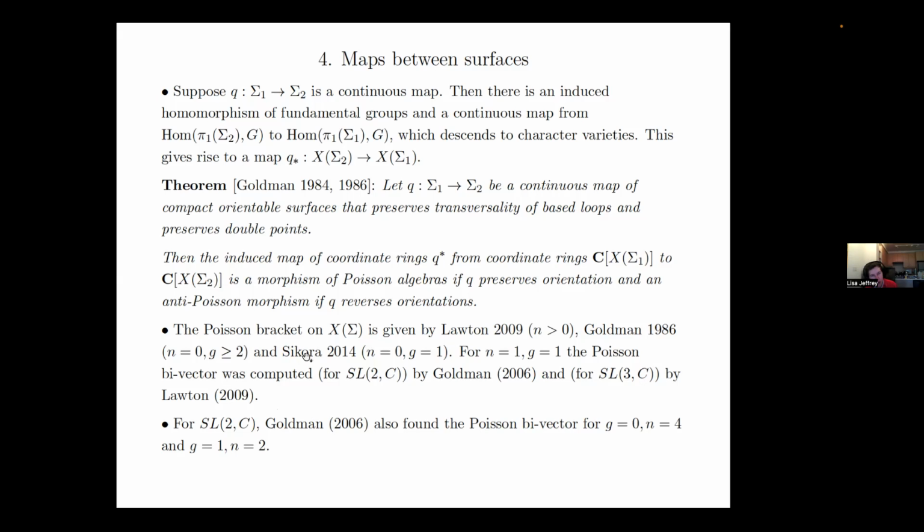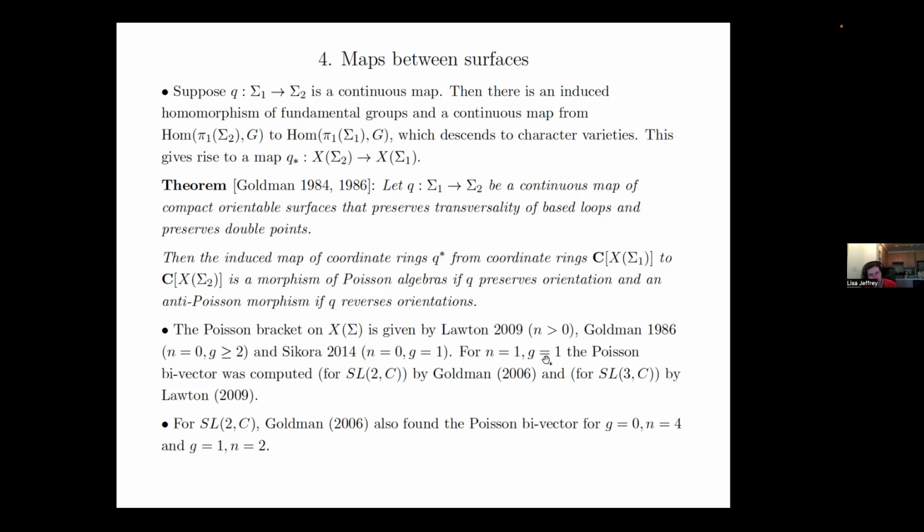His student Adam Sikora characterized the situation in the case where the genus equals 1, where you have a torus with no boundary components. Sean Lawton studied the case where there are boundary components.